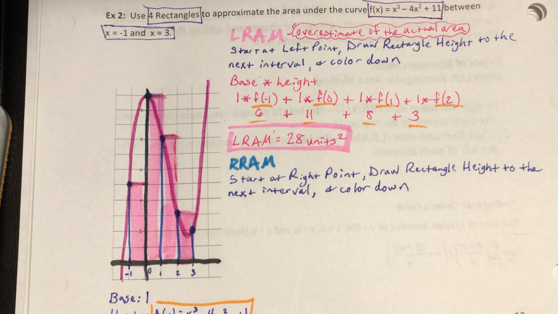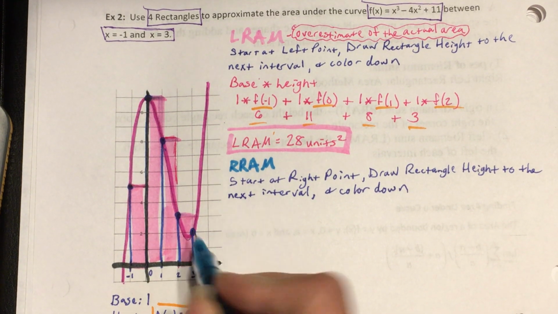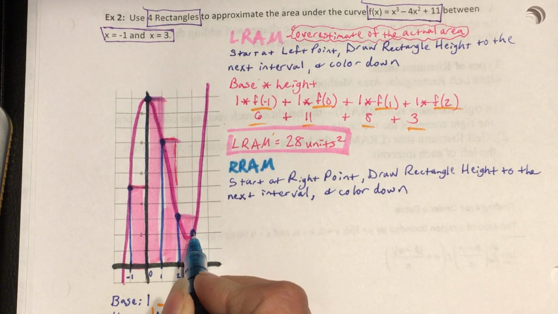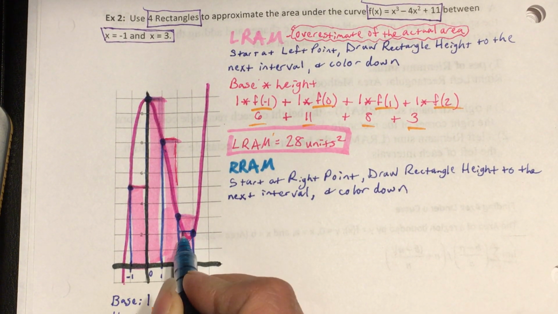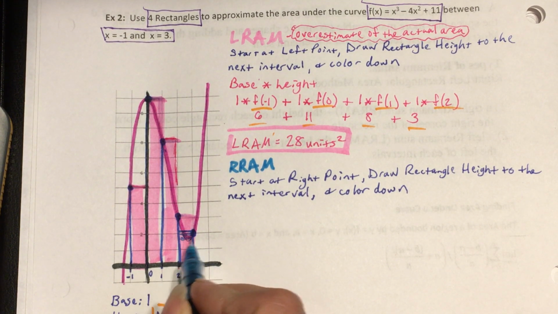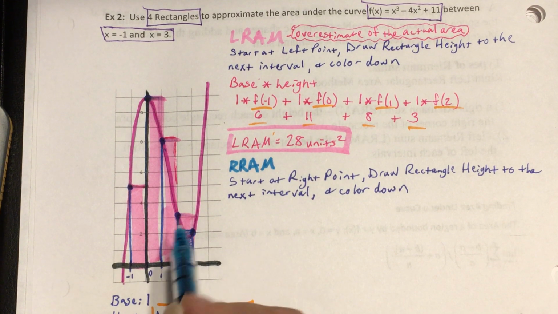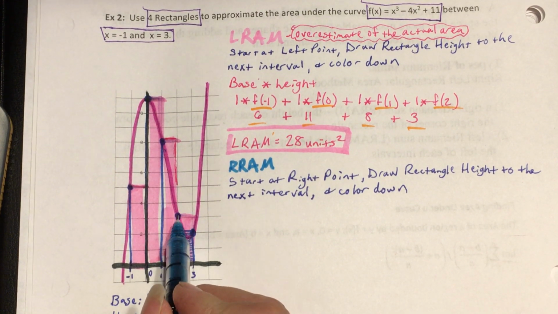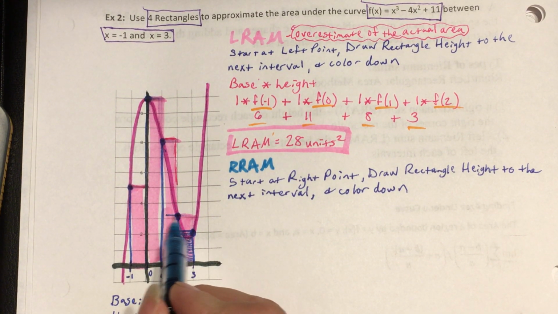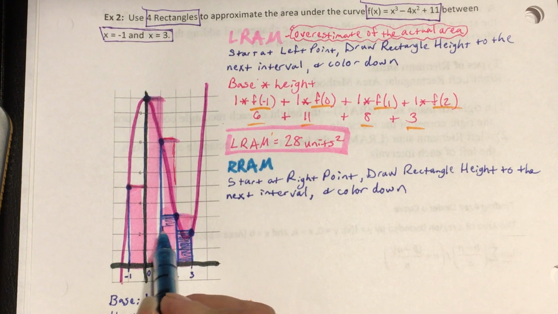So when we go to draw RRAM, here we are going to start at the rightmost point, which would be this one right here. So this point becomes our first rectangle height. I'm going to go ahead and color down because we have hit the next interval. Then this point becomes our rectangle height.